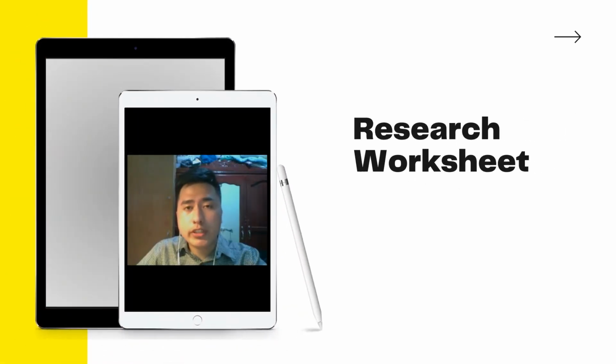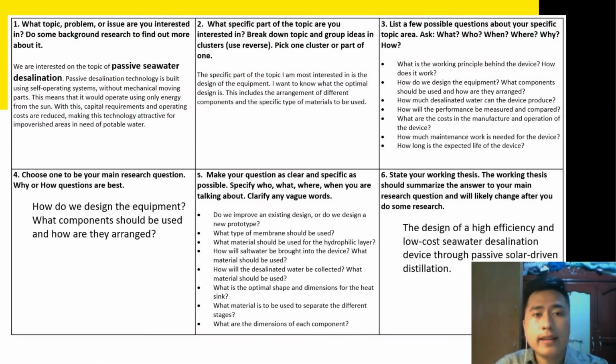For the research statement, first we find the topic we are most interested in, and we made a consensus on the topic of passive seawater desalination. We are very curious as to how this works, how it is made, and how it compares to the existing reverse osmosis.